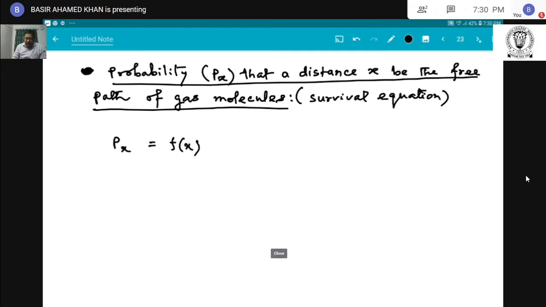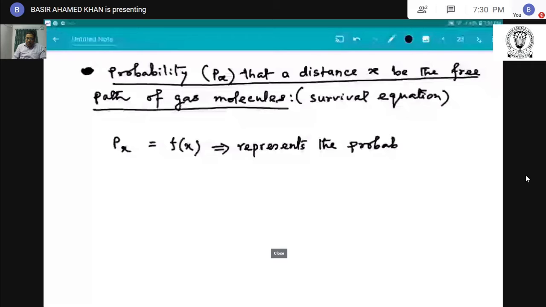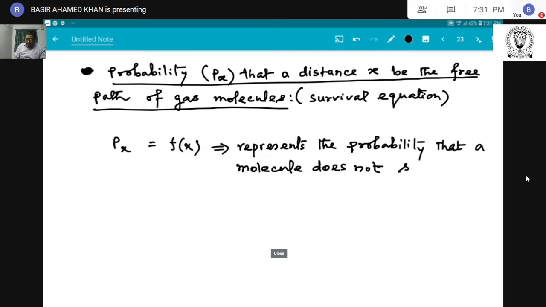It represents the probability that a molecule does not suffer collision in a distance x.